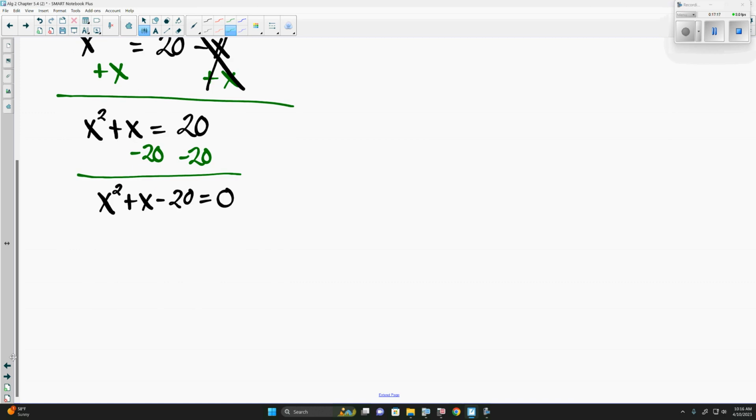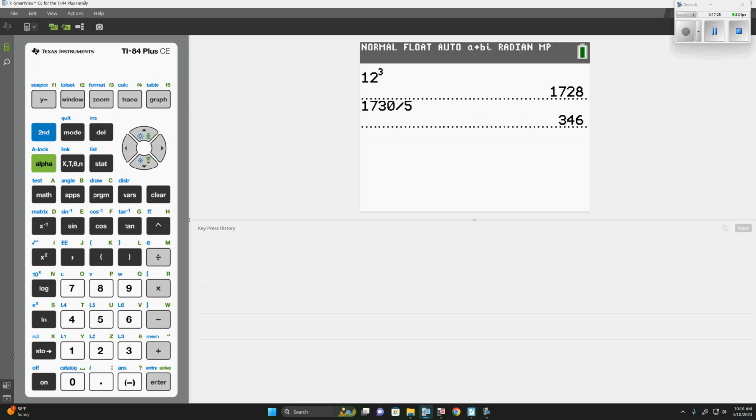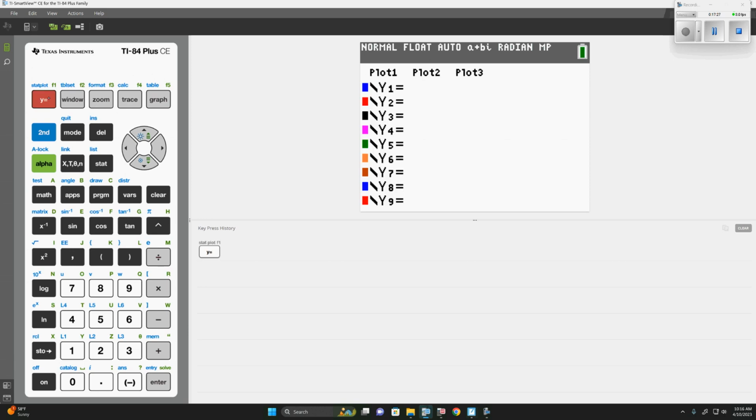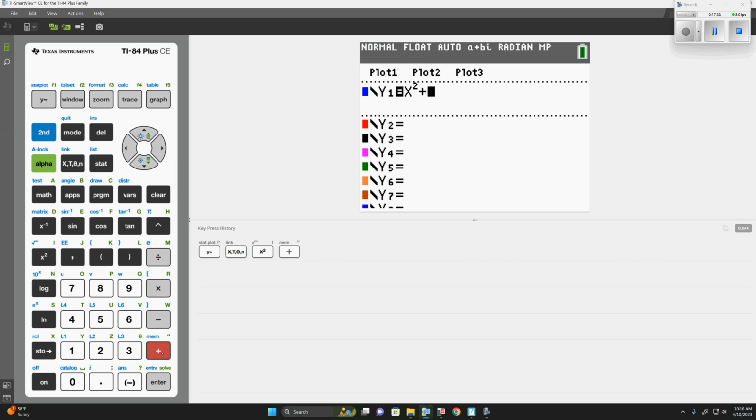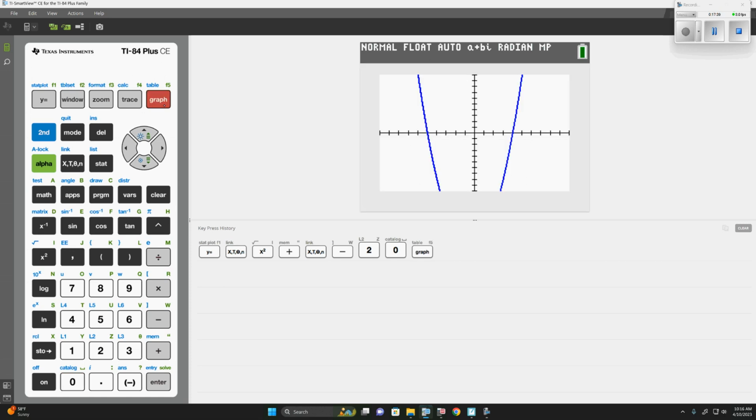Now again, at this point, we can factor it, we can graph it, we can do any of these methods to solve. If we wanted to graph it, we can use the graphing calculator and hit y equals and type the function in. So x squared plus x minus 20. And once we get it typed in and hit graph, we're looking to see where it crosses the x-axis. Because if it crosses at nice points, that's going to tell us exactly what the values are.